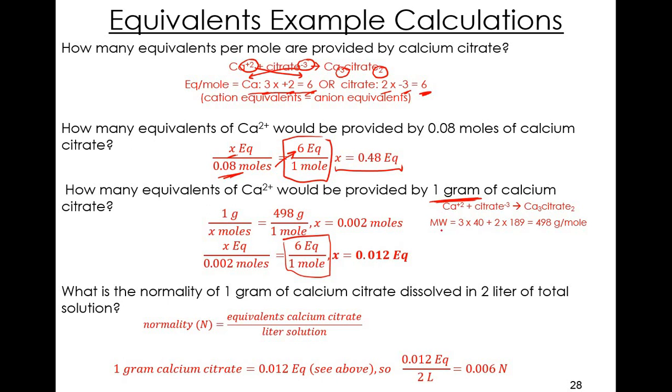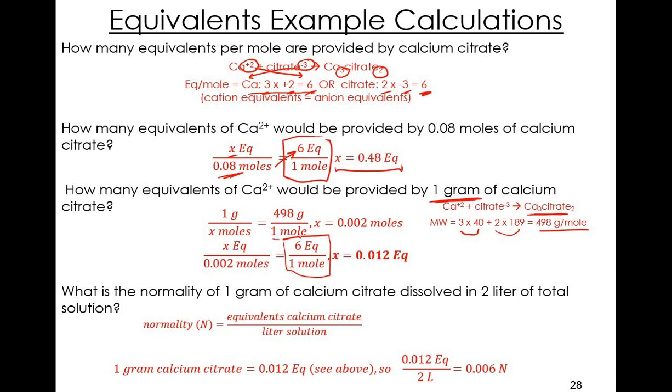And that involves using molecular weight as the conversion factor. We've already determined what the formula is for calcium citrate. So 3 times an atomic weight of 40 for calcium, plus 2 times the molecular weight of 189 for citrate is 498 grams per mole.